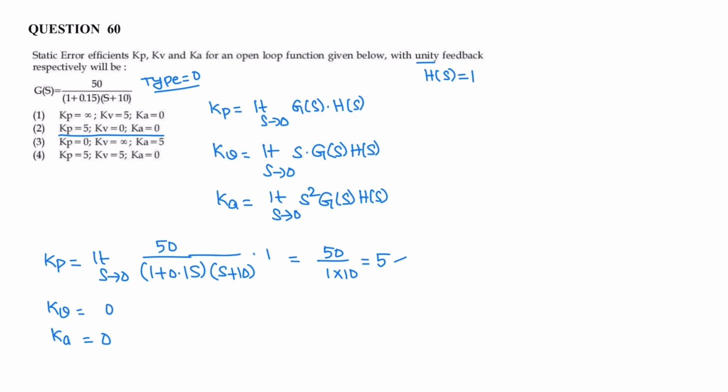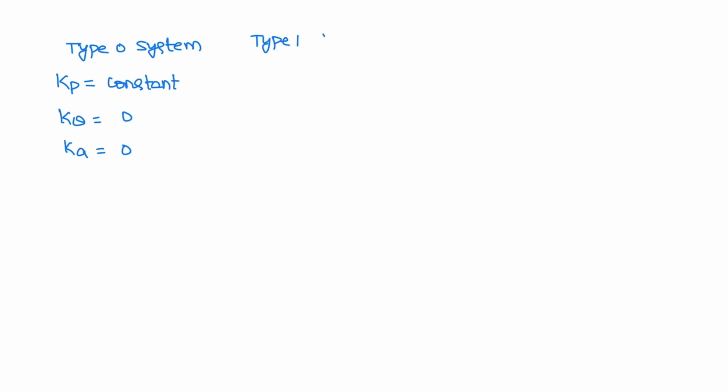So let us see some conclusion points. For a type 0 system, the positional error constant Kp is some constant value, the velocity error constant is 0, and the acceleration error constant is 0. For a type 1 system, Kp is infinity, Kv is some constant value, and the acceleration error constant is 0.